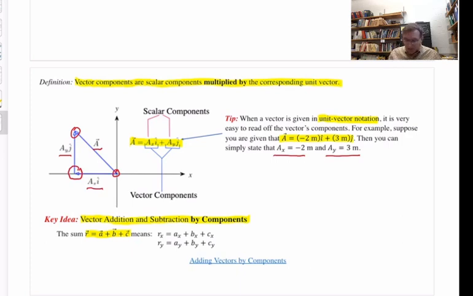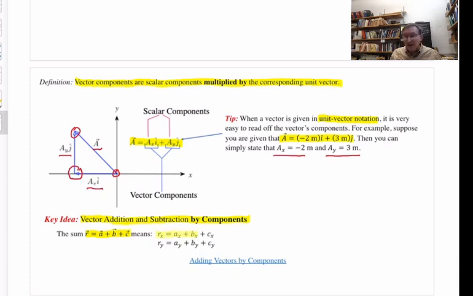I'm assuming that we are given enough information that we know the x and y components of A, B, and C, the scalar components. If you know the scalar components, it's easy to get the vector components. Multiply each scalar component by its corresponding unit vector. Let's say we know the scalar components of A, B, and C. Then all I want to do is find the scalar components of R, the sum. Okay? And it's very simple.